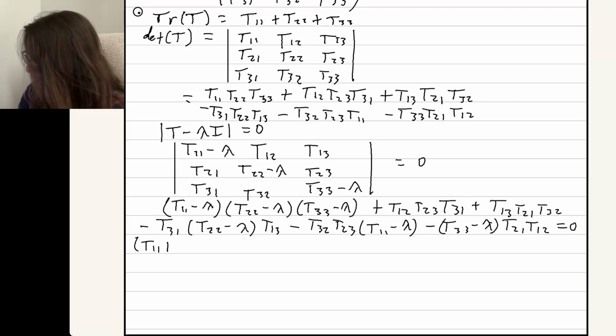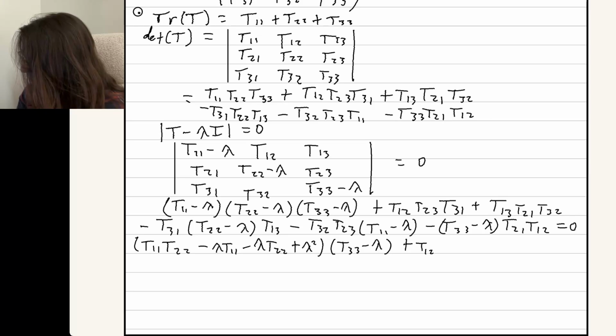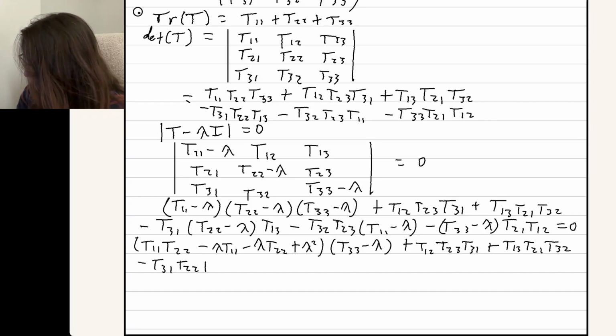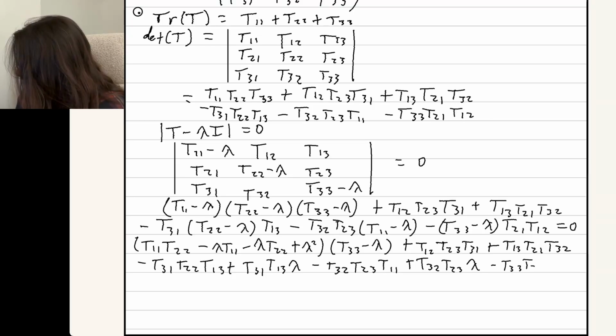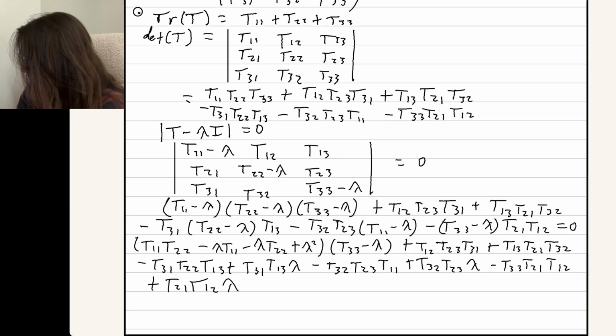So you get T11 times T22 minus lambda times T11 minus lambda times T22 plus lambda squared, all times T33 minus lambda, and then the rest of the terms: T12 T23 T31 plus T13 T21 T32 minus T31 T22 T13 plus T31 T13 lambda minus T32 T23 T11 plus T32 T23 lambda minus T33 T21 T12 plus T21 T12 lambda. That should be all the terms.